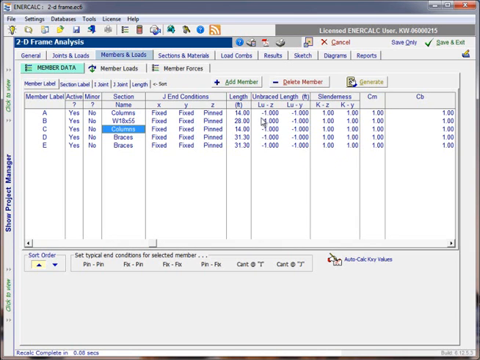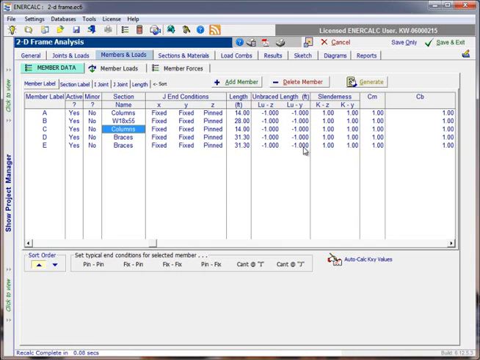Now the first thing that we'll do is talk about unbraced length. And the unbraced length in the 2D frame analysis module serves double duty. The values that are defined for unbraced length about the z-axis and about the y-axis are used both for flexural capacity determination as well as for axial capacity determination when multiplied by the corresponding K factors to determine an effective length.